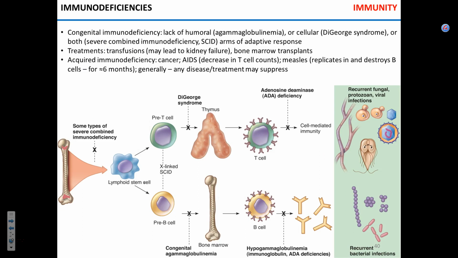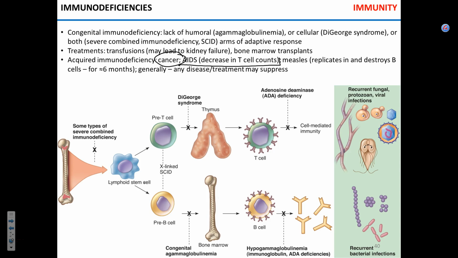Now, from a super active immune system, we jump to a not so active immune system. Jump to the immunodeficiencies. Let's get the acquired immunodeficiency out of the way. Acquired means the one that you get. Cancer is the typical acquired immunodeficiency. AIDS, of course. Acquired immunodeficiency syndrome, that's in the name. Less known, measles.